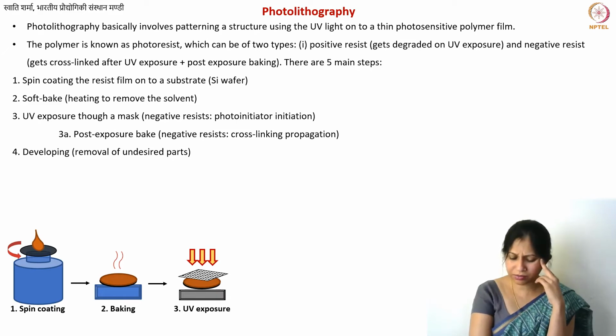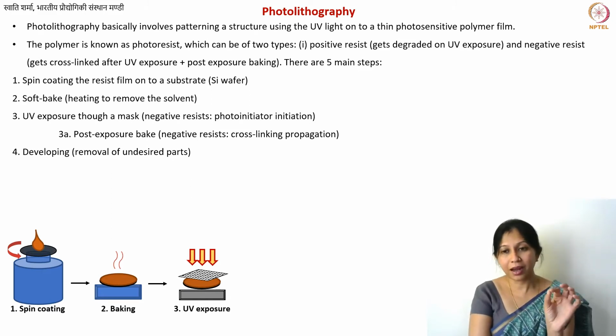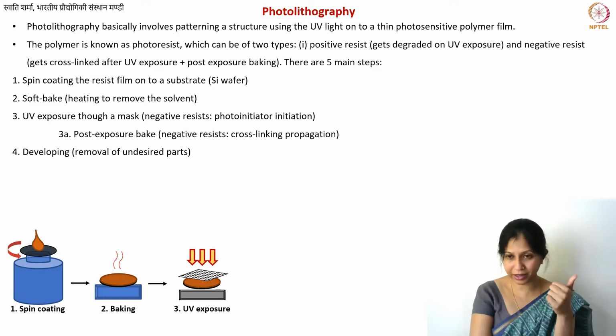So what is developing of the structures? You put it inside a chemical. Now that chemical will selectively wash away the degraded part in the case of positive resist, or the uncross-linked parts in the case of negative resist. So now you have a certain chemical which is specially dissolving one type of the polymer.